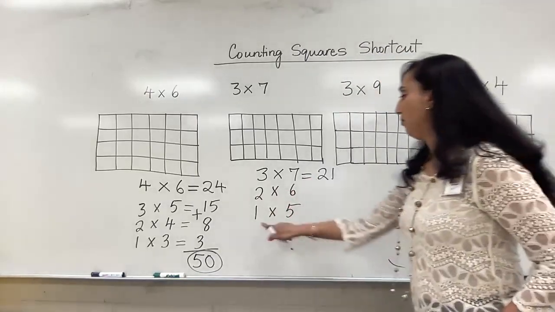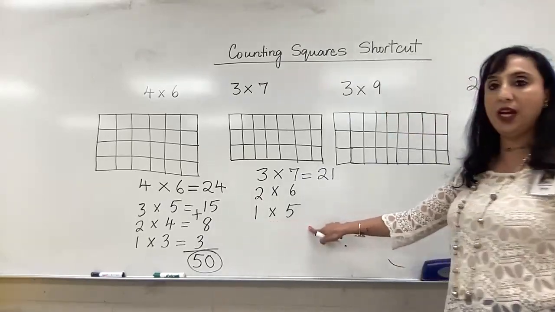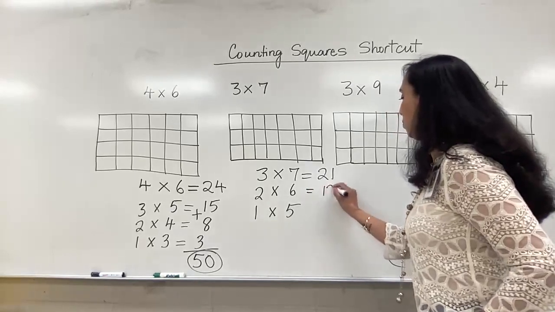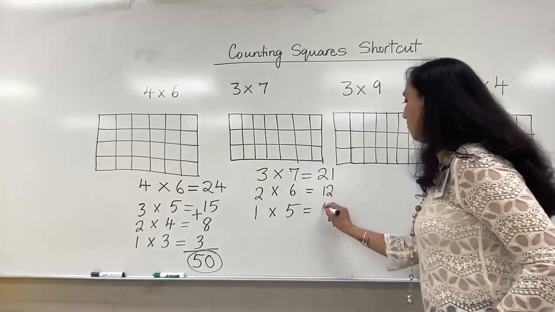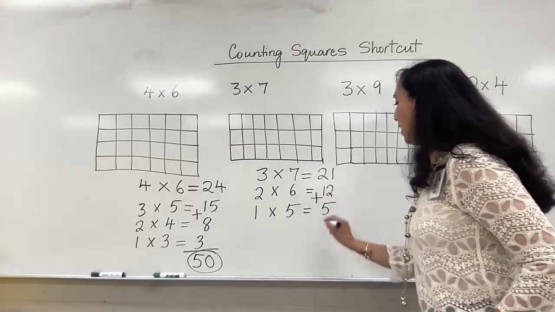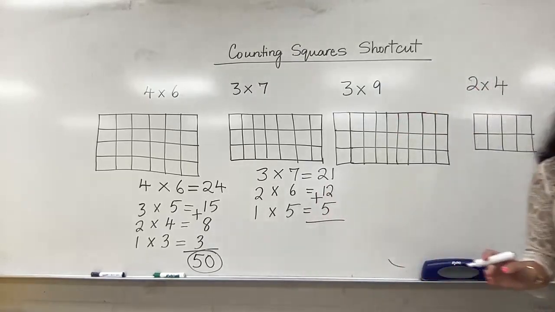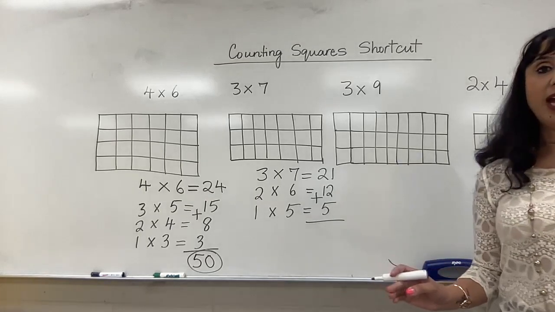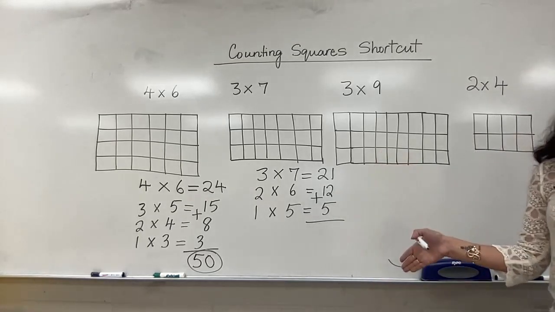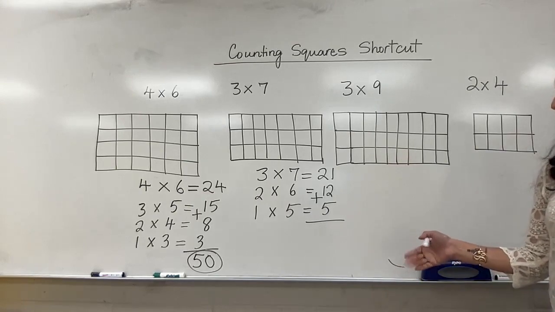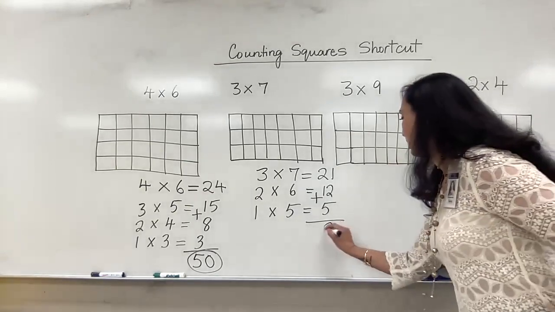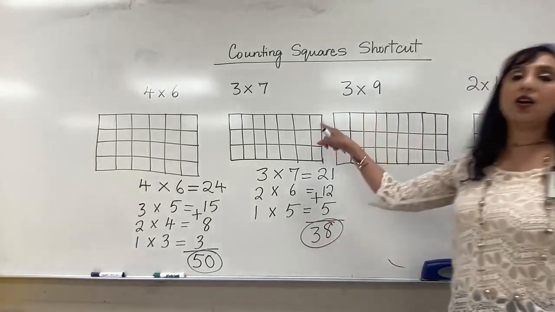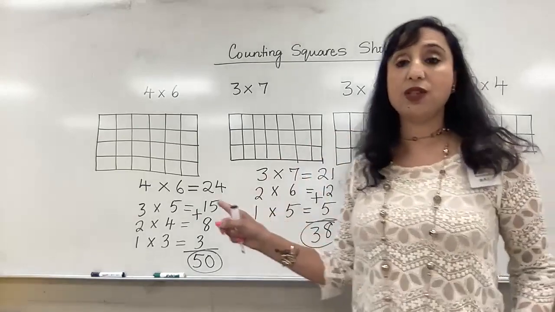We can't go beyond the 1, so we stop here, and then I have my 2 times 6 is going to be 12, and 1 times 5 is going to be 5. Then I take the 3 times 7, the 2 times 6, the 1 times 5, and I just add all of them, and I get 38 total squares in this shape.